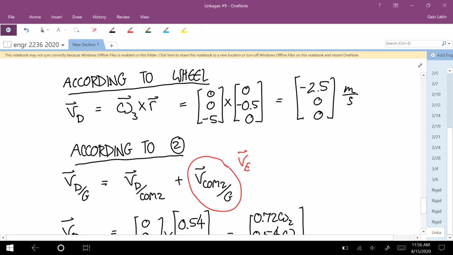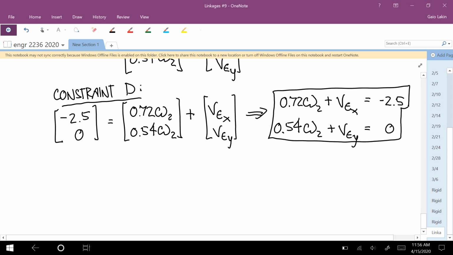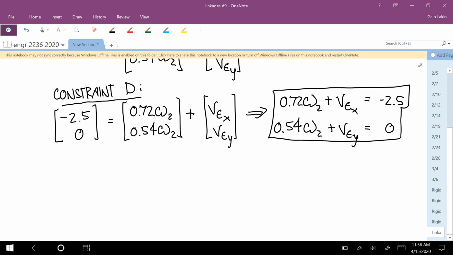And that's just going to say that this variable VE is equal to the velocity that we calculate from the left member.